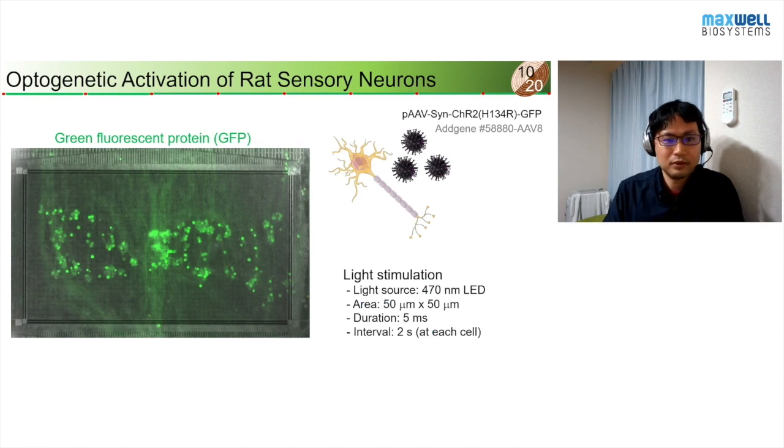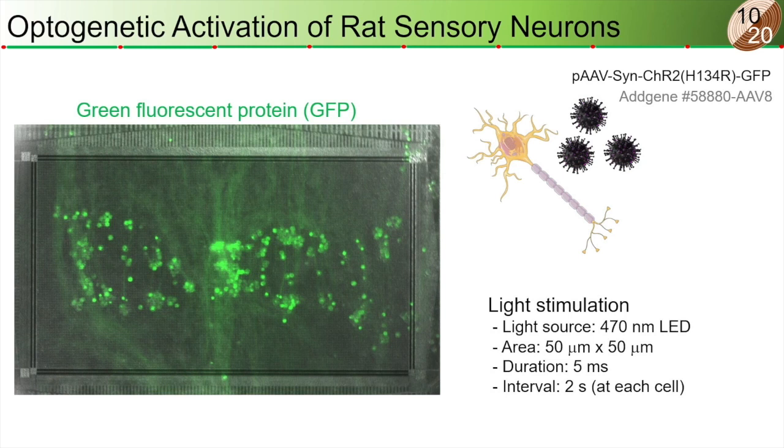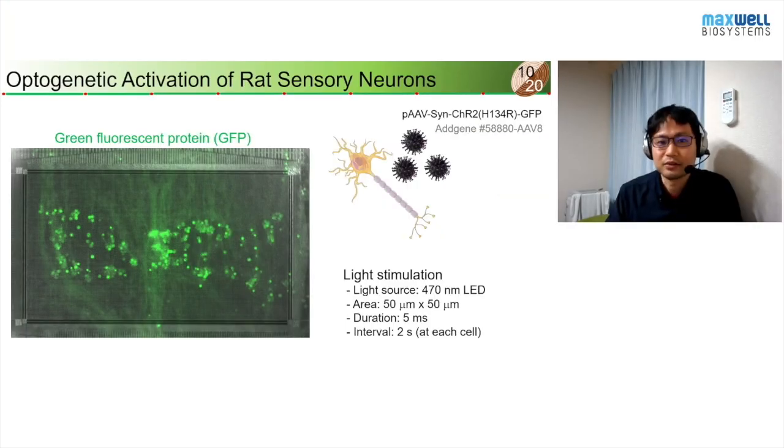So we measured the axonal conduction of rat sensory neurons. Normally, sensory neurons show little spontaneous activity, so we used optogenetic stimulation with blue light to induce activity. The sensory neurons express channelrhodopsin 2 and green fluorescent protein, GFP, after infection with AAV. These green cells on the left are GFP positive cells.